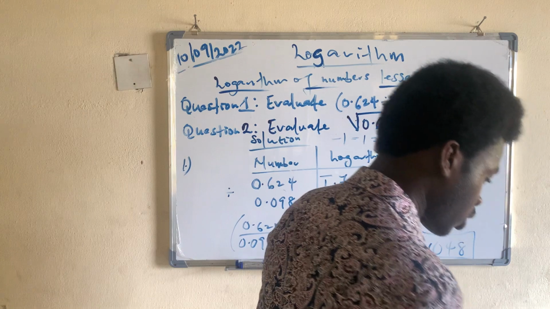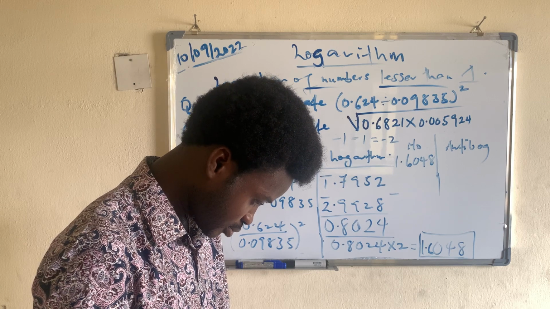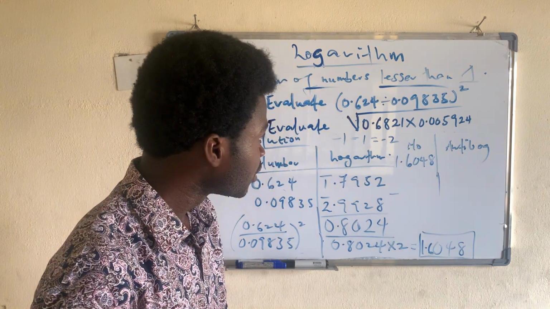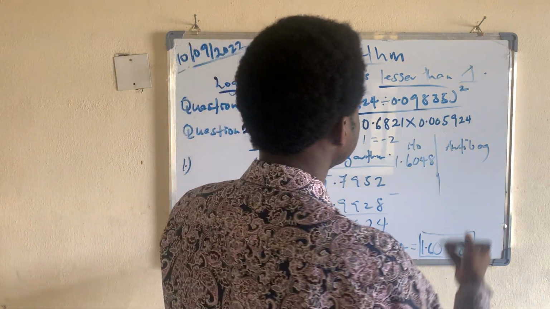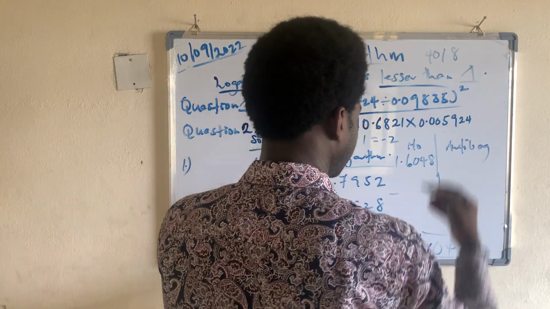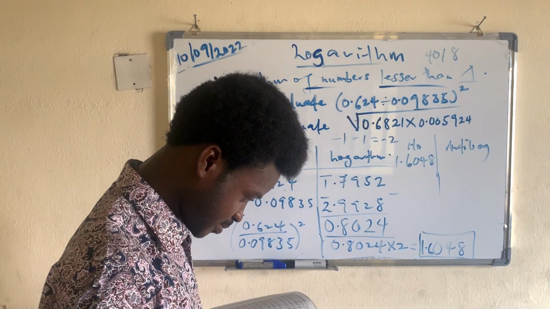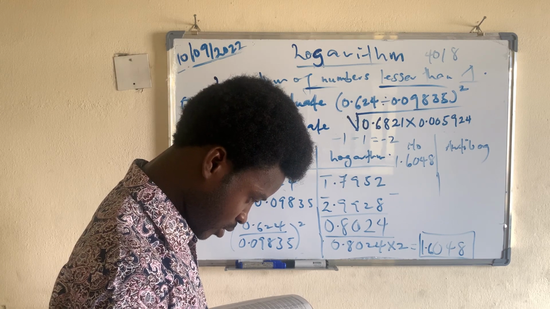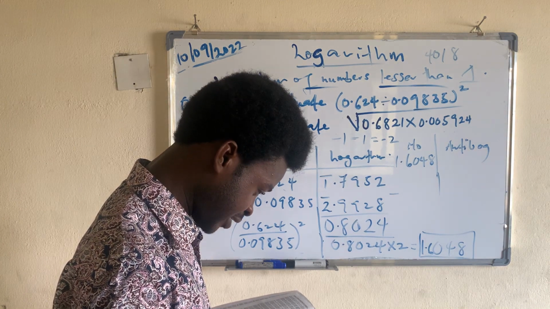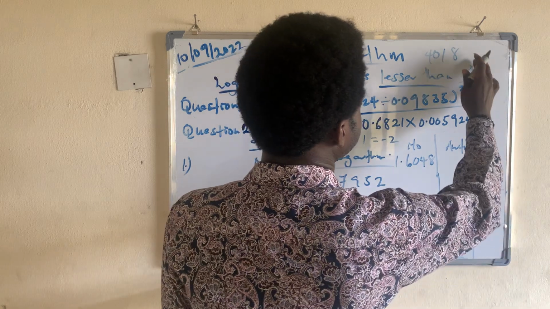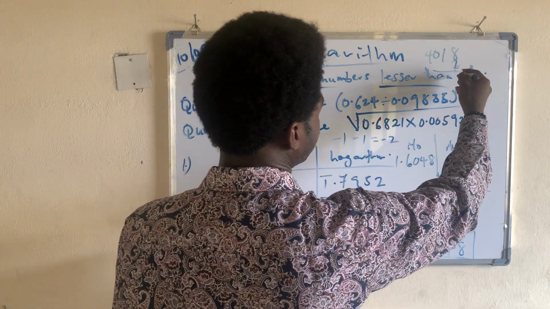So we check our antilog table. 60 under 4, that's 4018. Difference 8. So under that, difference 8 is 7. So we add it. So adding that, we have 8 plus 7 to be 15.